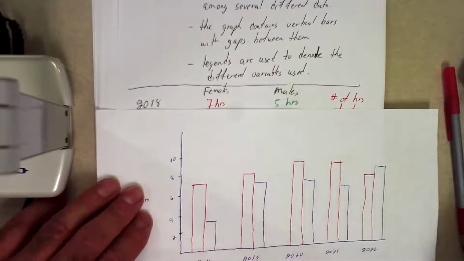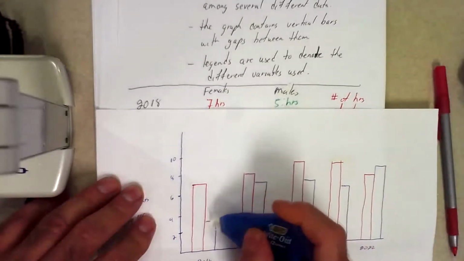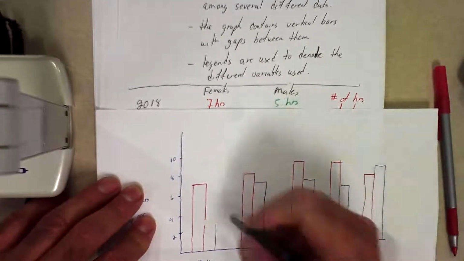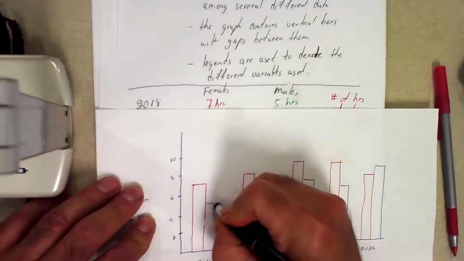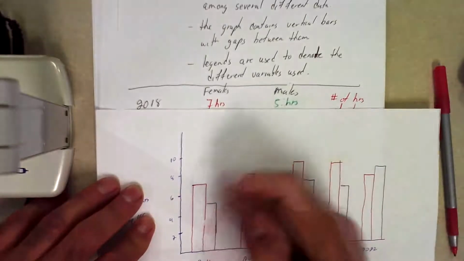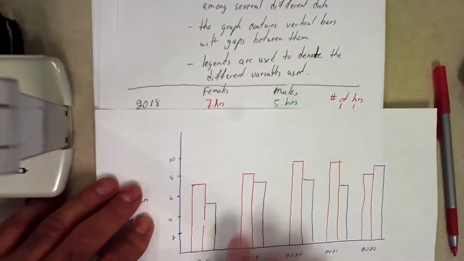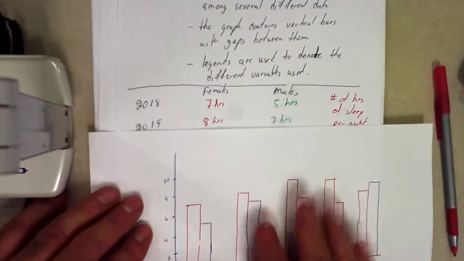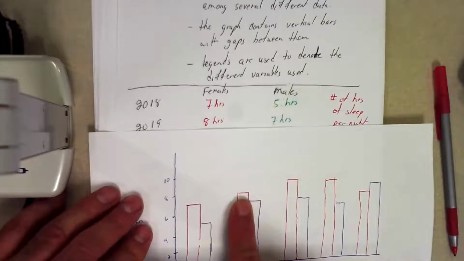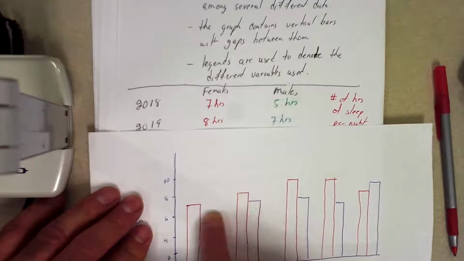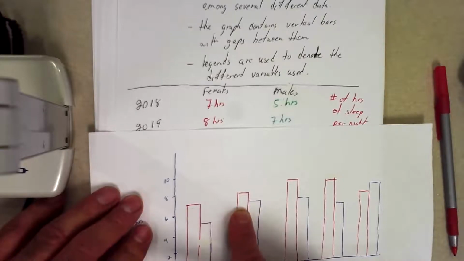That is 3. So 5 should be about here. There's 5. Right. So there's 2018. 2019 goes 8 and 7. It's not lined up evenly, but I'm doing it by hand.